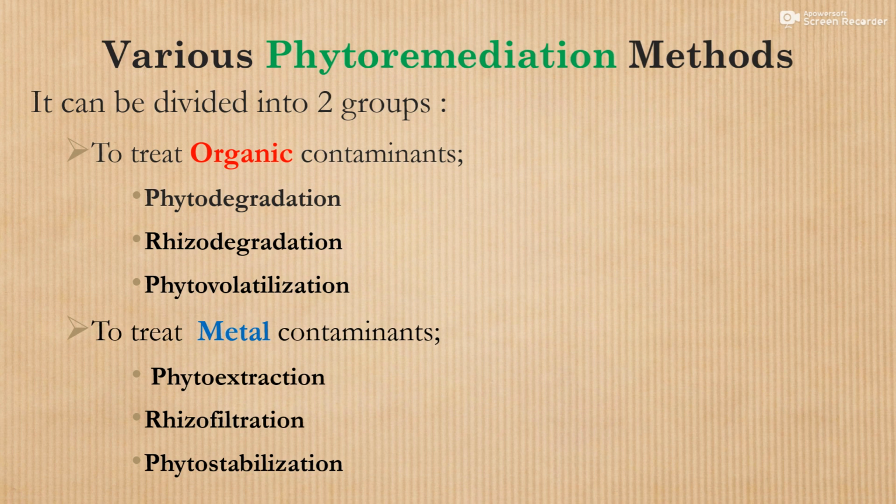The methods of phytoremediation can be classified into two, based on treating the contaminants or pollutants. To treat the organic contaminants, there are phytodegradation, phytorhizodegradation, and phytovolatilization. And to treat the metallic contaminants or pollutants, we can use phytoextraction, rhizofiltration and phytostabilization.